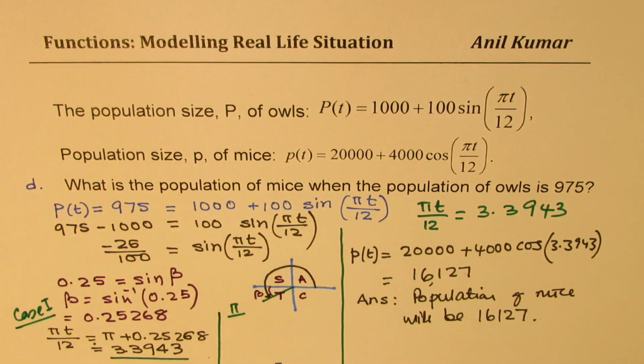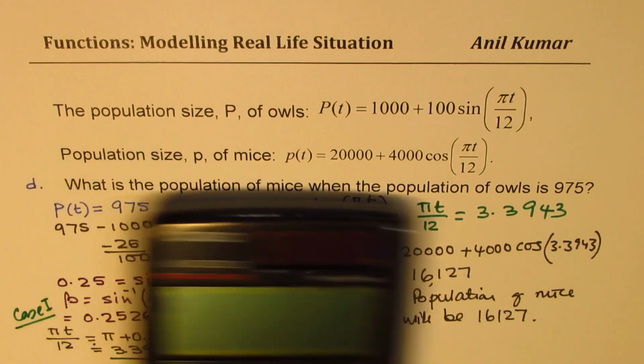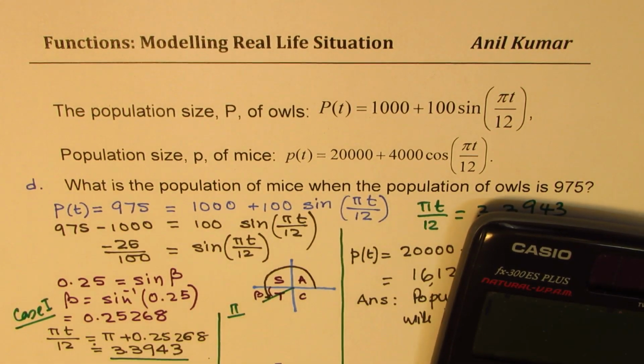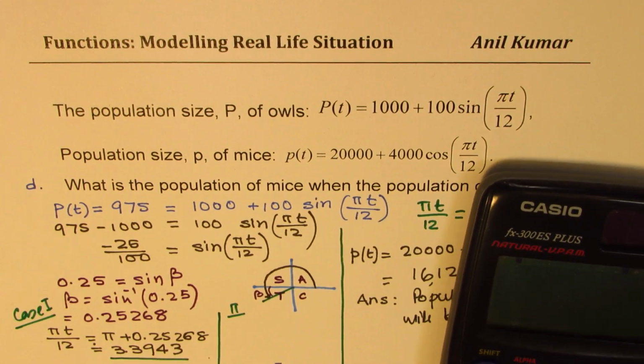And in that case, I'm going to take away this number 0.25268 from 2 pi. So let's do that part, right? So it could be taken as minus of 0.25, right? So we could also see that.